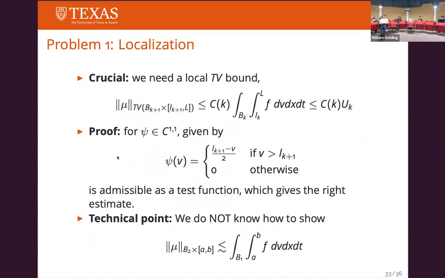So let me say this argument is exactly where everything breaks: the localization in velocity. If you're familiar with kinetic theory, localizing velocities is really hard. And so here, we need that the total variation on a range of velocities is bounded by, there's a typo, this should be the same set in velocities of the kinetic function.